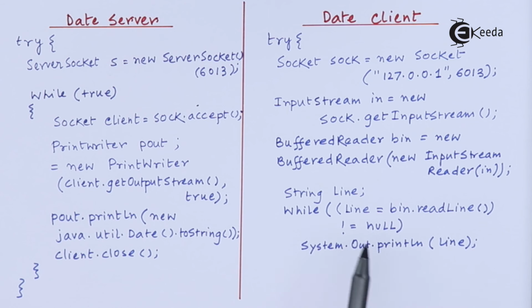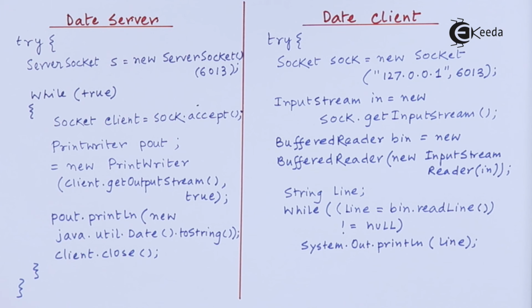Now the line is reading all the data elements that the server has put on the socket using the bin.readLine command, and until it is null, all the results are displayed using the System.out.println command.